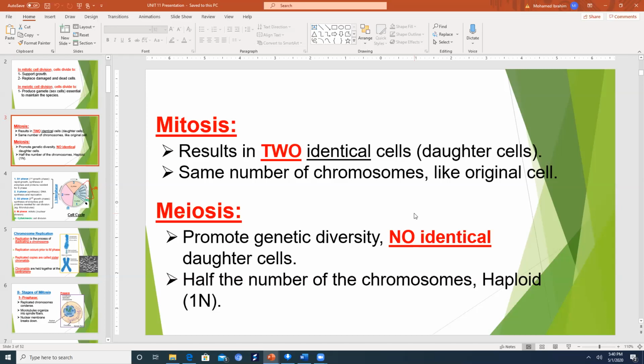And we have other cells that undergo meiosis, like our gonads, those cells that produce sperm and eggs. Those cells are haploid. So in your liver cell, each cell has 46 chromosomes. The sperm or the egg have 23 chromosomes. So they have half the number. And we call this haploid, okay?